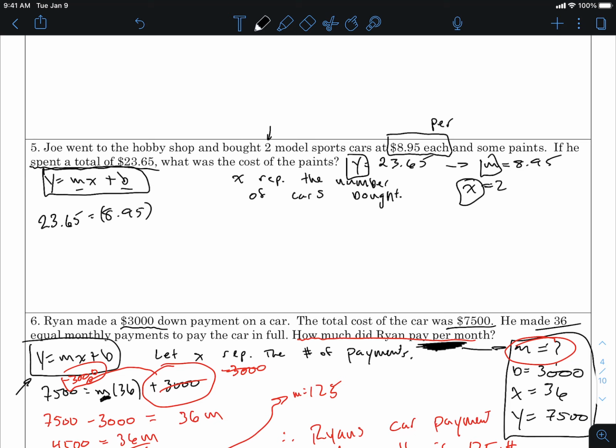So you're going to multiply 895 times 2. And the only other thing that's in that equation that you don't know is the B value. Right? You're just going to try and solve for B. So you're going to go 23.65 is equal to, you just need 895 times 2.